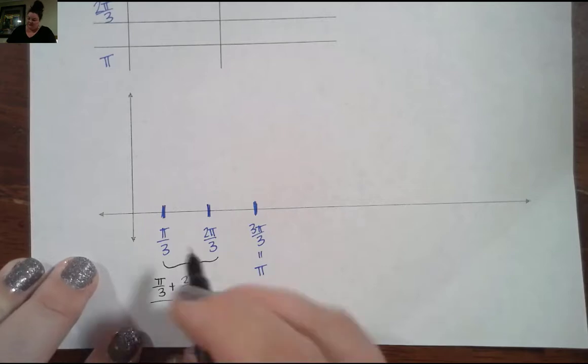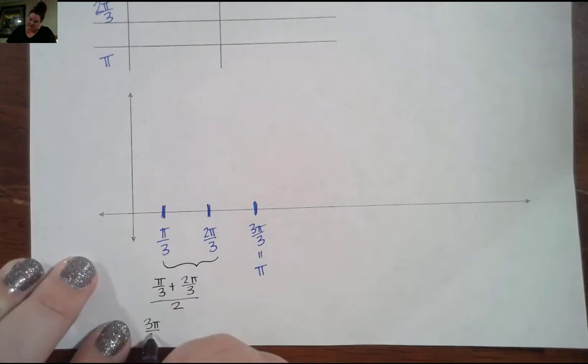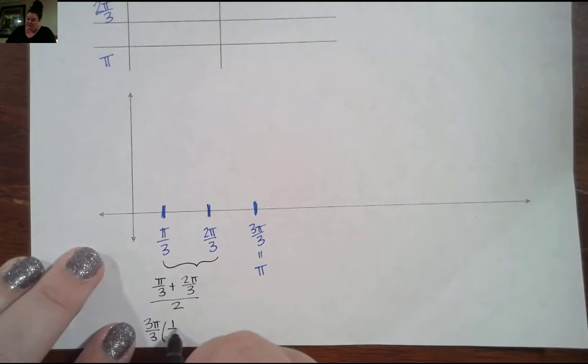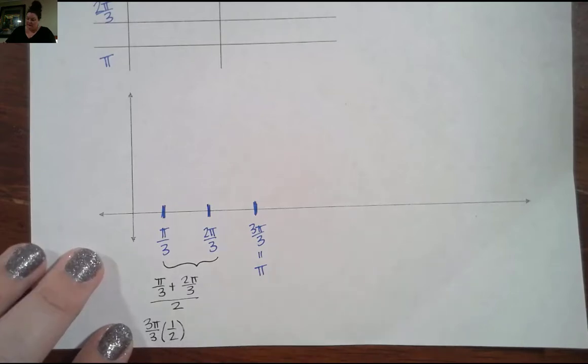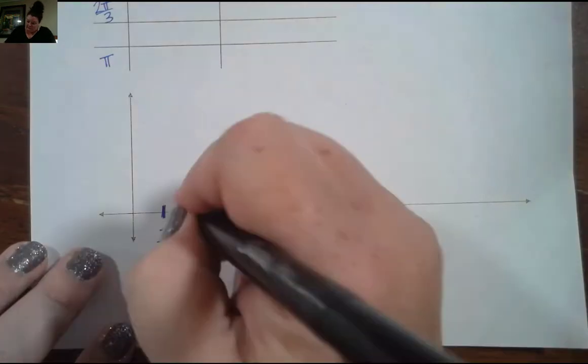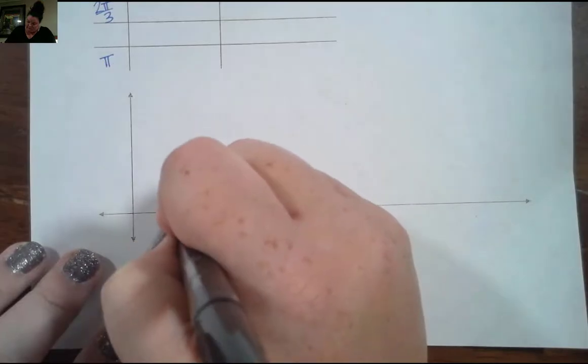So that's going to give me 3 pi over 3, right, which is just pi. And then I'm going to divide it by 2, which is the same as multiplying by 1/2. So if I cancel my 3's, this just gives me pi over 2. Okay, so that means this little point here is pi over 2.